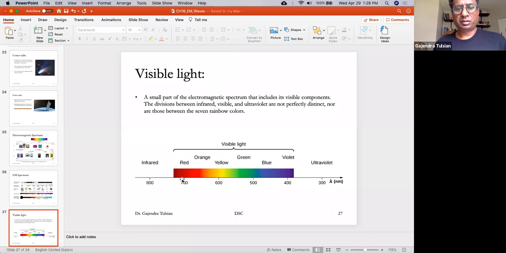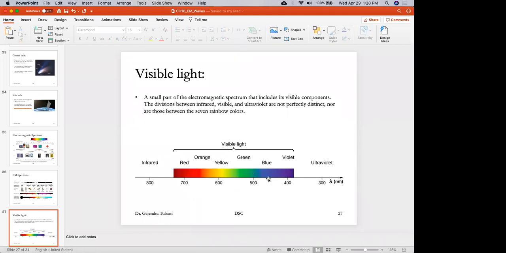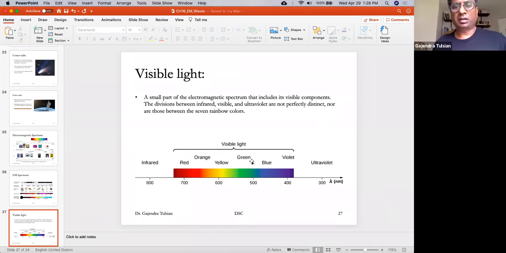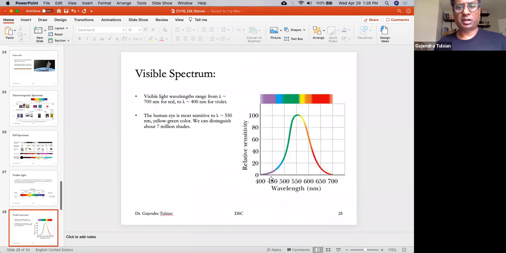Okay, so our eyes are sensitive roughly from 700 to 400 nanometers. Every wavelength appears a different shade, as you can see. So different wavelengths have different colors.